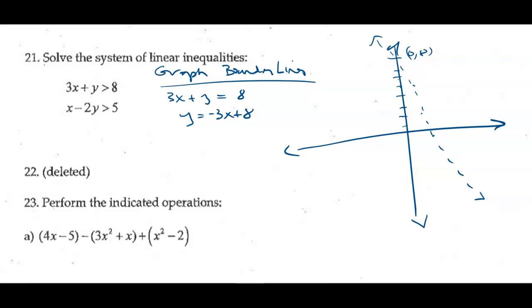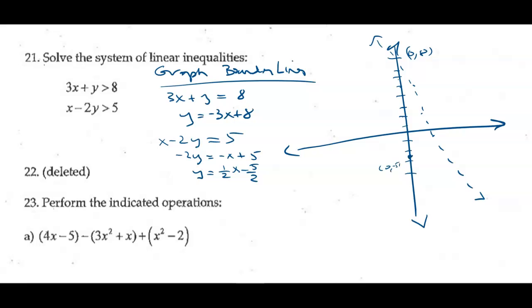There's my first equation. Then I got to graph the second one, which is x minus 2y equals 5. Negative 2y equals negative x plus 5. Divide everything by negative 2. It's actually 1/2 x minus 5 over 2. Gets a little trickier. Negative 5/2 is negative 2.5. So that's there.